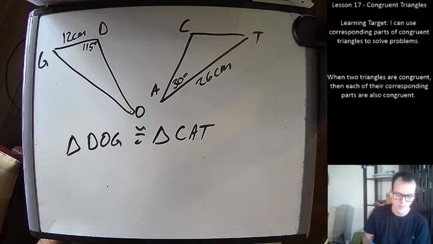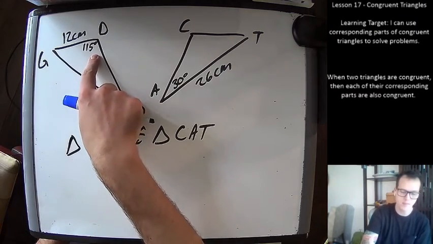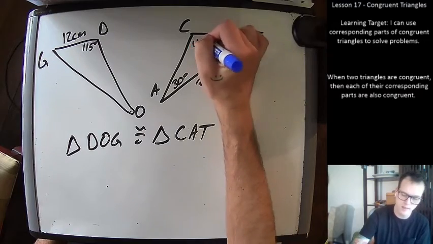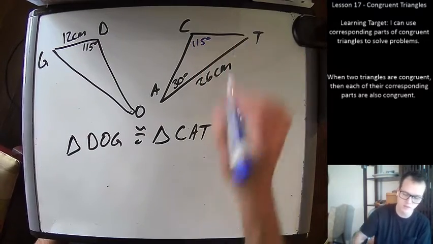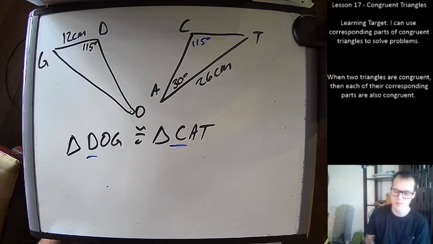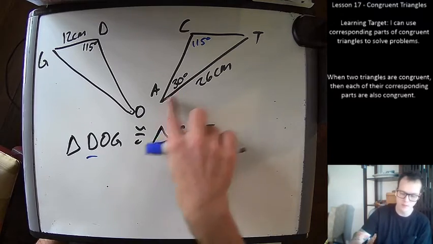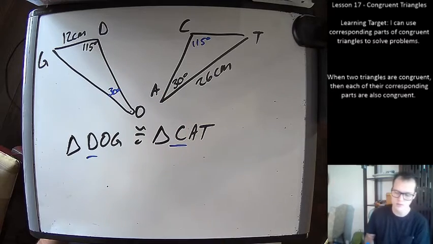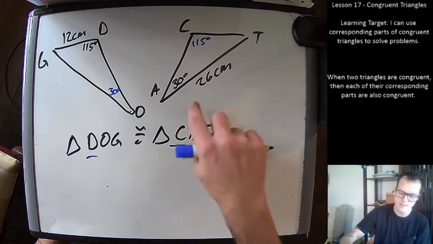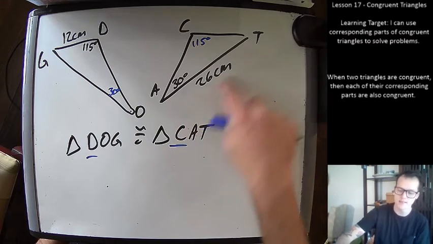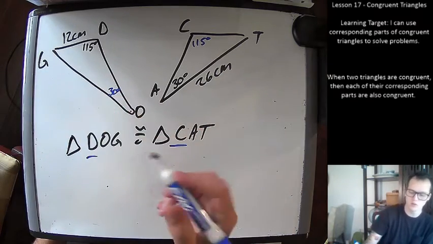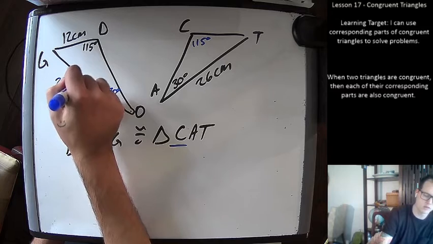Okay, if D has a measure of 115 degrees, then C must also have an angle measure of 115 degrees because they are corresponding angles. In the same way, angle A and angle O are corresponding angles. So this one here is 30 degrees. And lastly, if side AT has length 26 centimeters, then side GO must also be 26 centimeters.